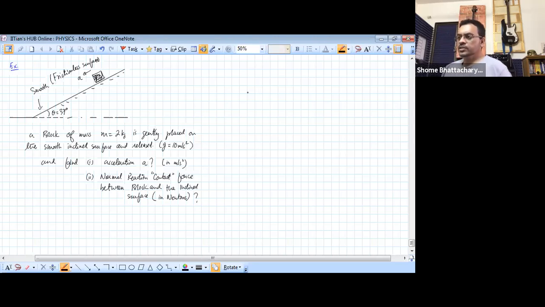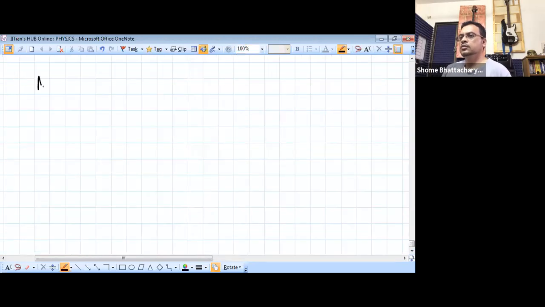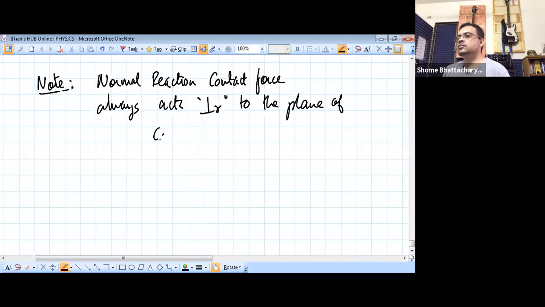Okay, so let me explain what is happening here. So first of all, one of the very important points to understand here is that normal reaction, contact force, it always acts perpendicular to the plane of contact between two surfaces.